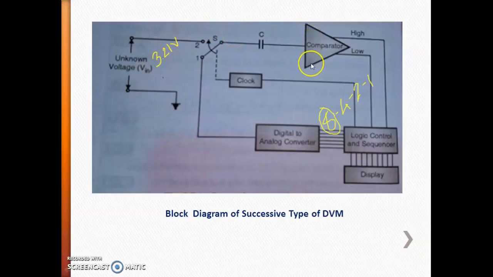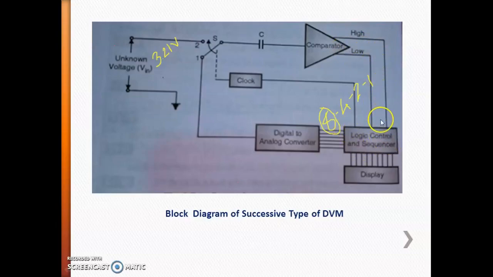Now the comparator will start comparing these two voltages, that is the voltage across the capacitor, 8 volt, and the input voltage, 3.21 volt, and finds that the input voltage is less than the voltage across the capacitor, so the comparator generates a high output. This high output signal goes to the logic control and sequencer.